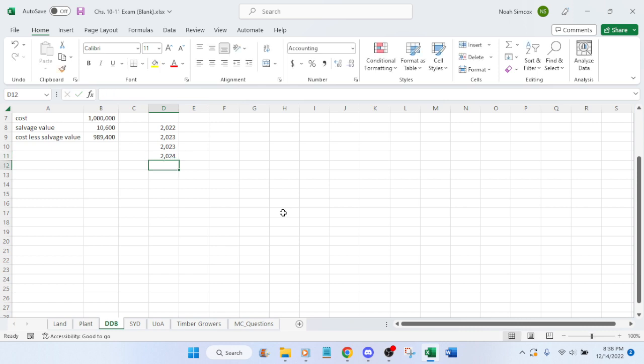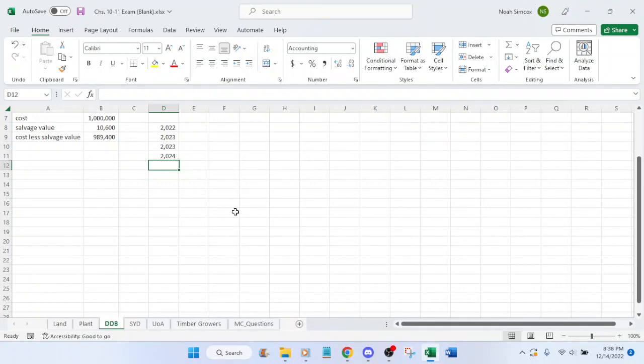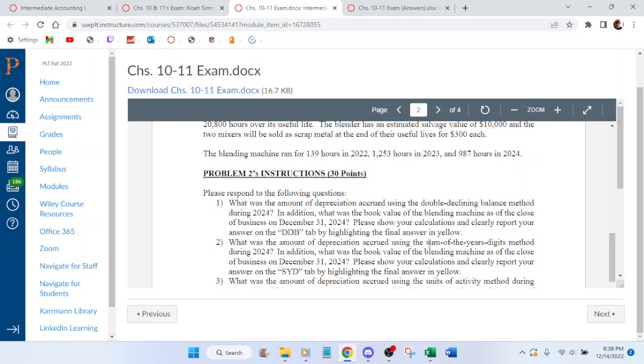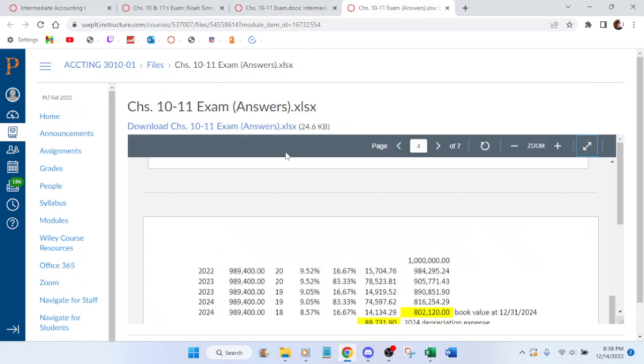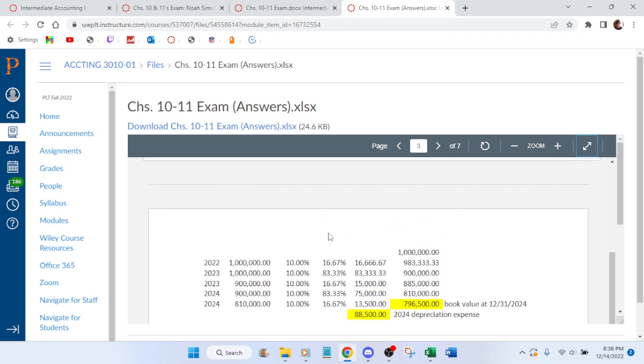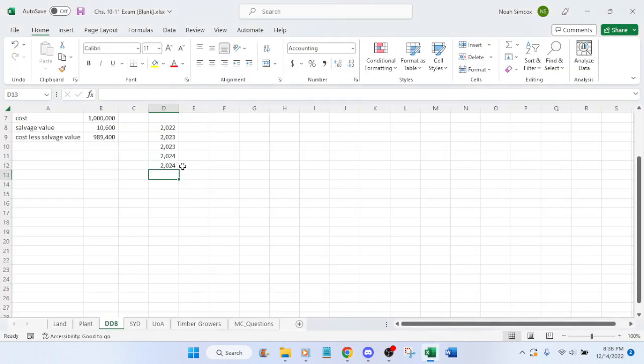Wait a minute. Hold on a second. Wait just a second. Why did he only include 2024 once? He didn't. I have no idea what I was thinking there. Oh, I get it. Okay, never mind.